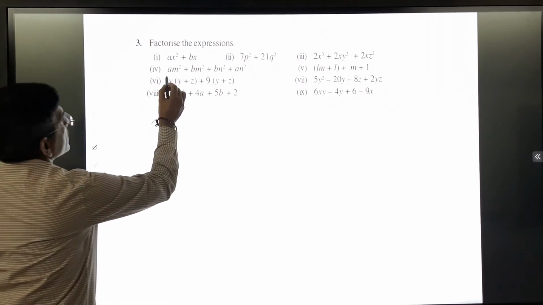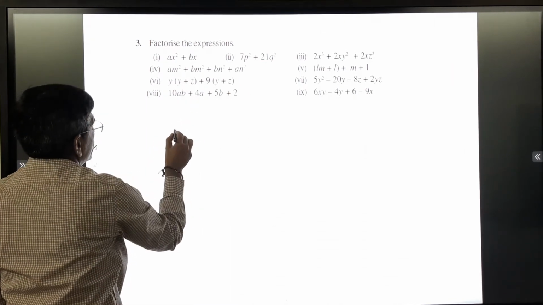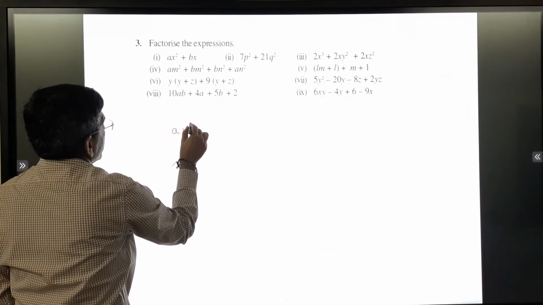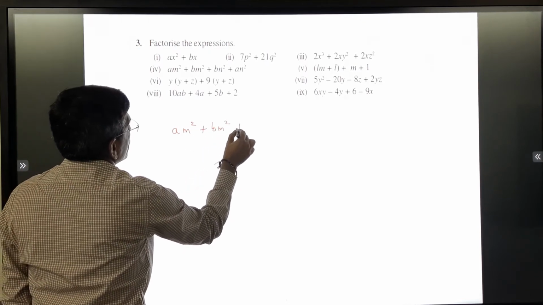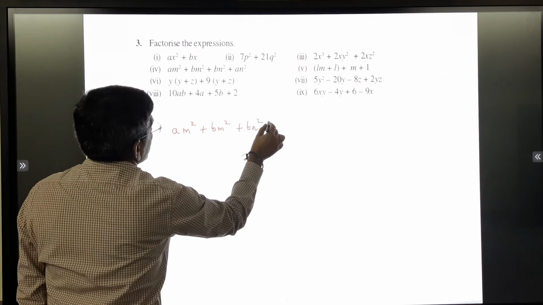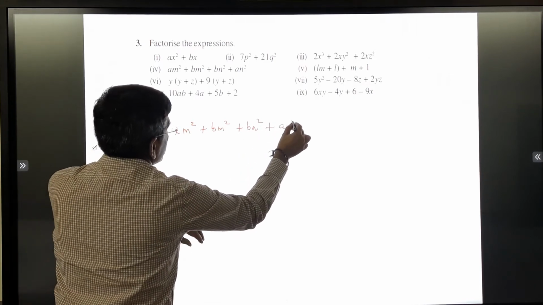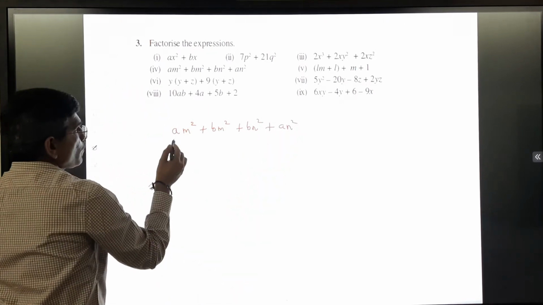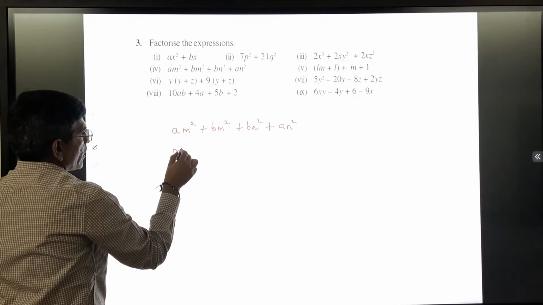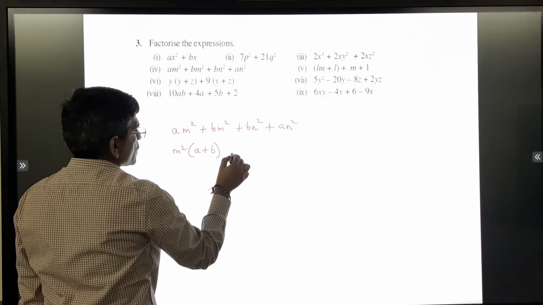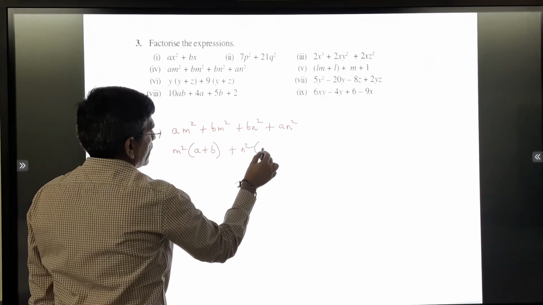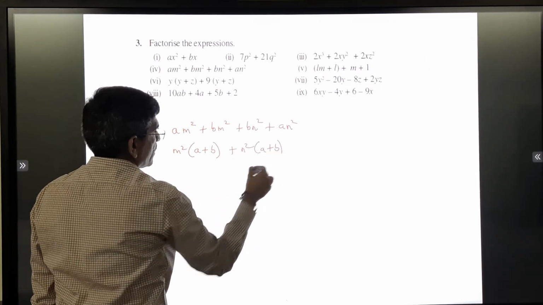Now 4 terms are there, so that I am doing now. am square plus bm square plus bn square plus an square. So if I make n square common, then a plus b. Again n square common, then again a plus b.